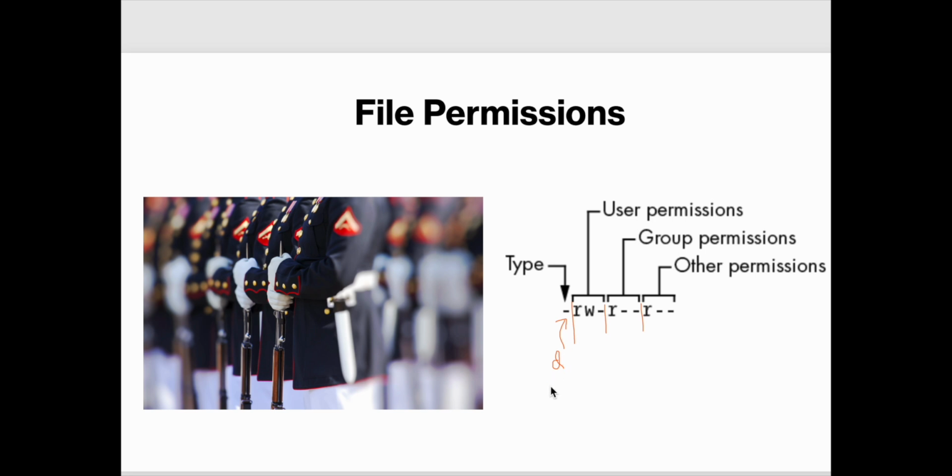If it's a D, then that line entry is in fact a directory. Unfortunately, there's no real way to distinguish a subdirectory from a regular file, because both a subdirectory and a file are going to be indicated with a dash. Only a major directory is going to have the indication of D, but that's just the way it is.